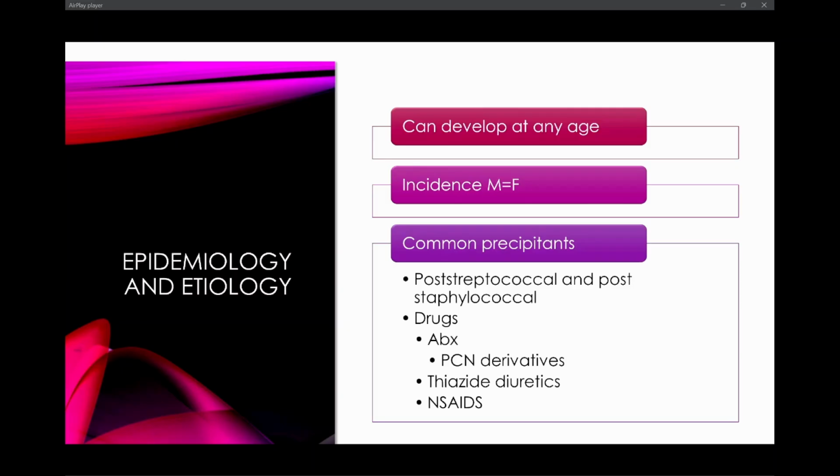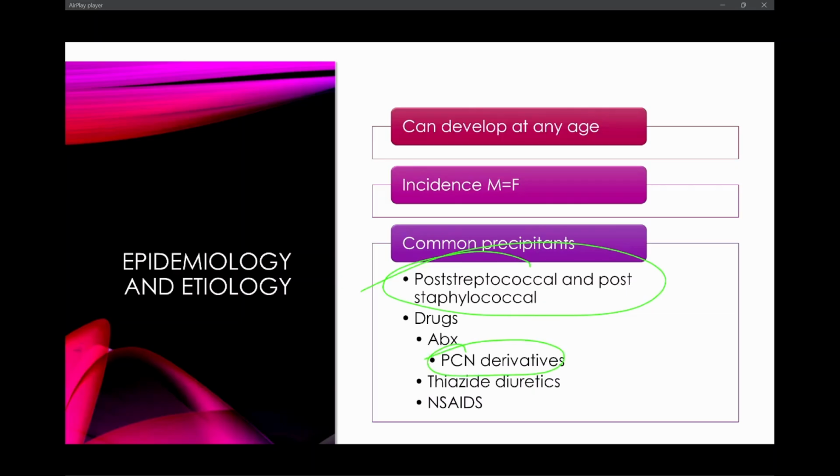This is the important part. What happened before they developed vasculitis? Post-streptococcal, post-staphylococcal illnesses. I saw them 2 weeks ago, I treated them with whatever. They had a sore throat, whatever. Drugs can also do it. Antibiotics. The main ones are penicillin derivatives.